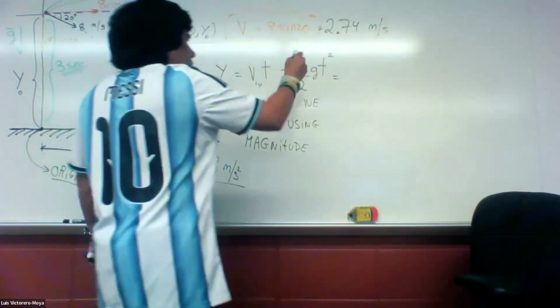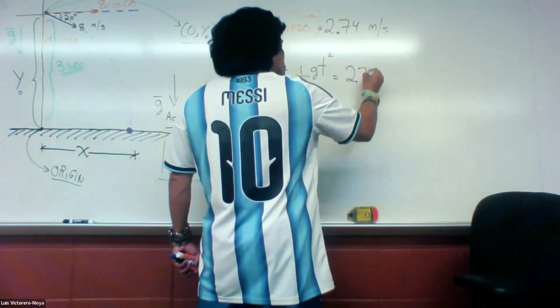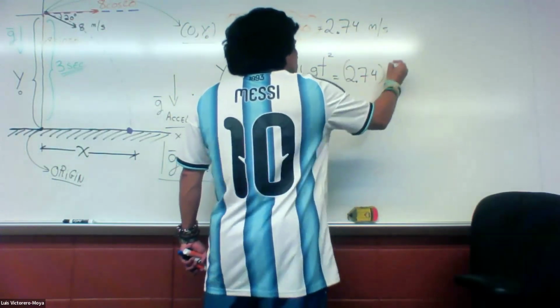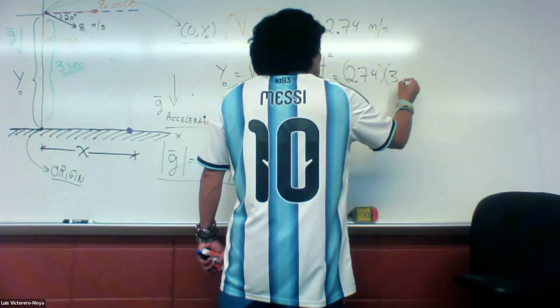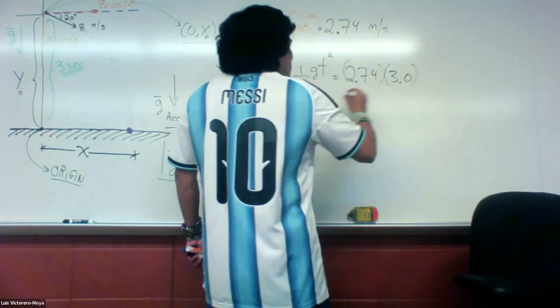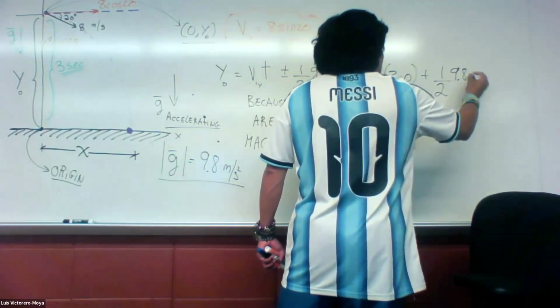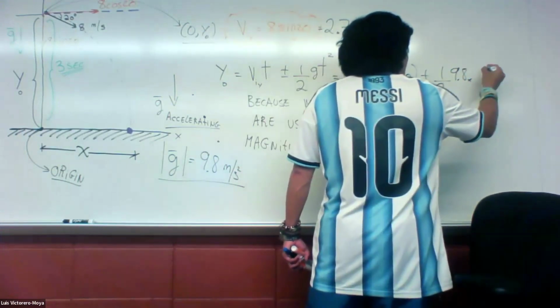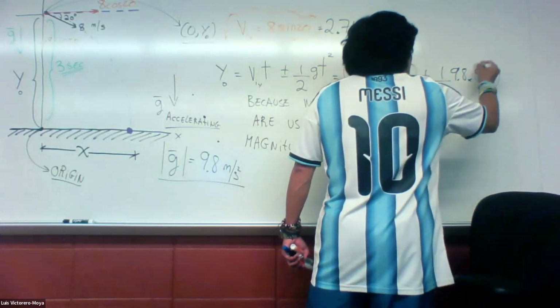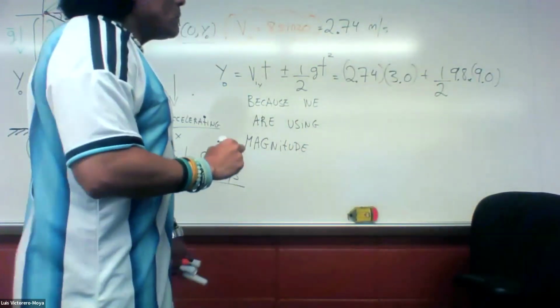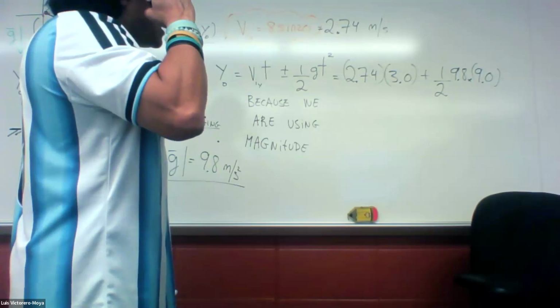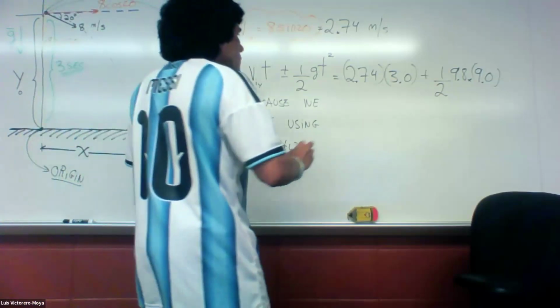All right, so 2.74 times 3.1, by the way, plus 1/2, 9.8 times 3 squared. All right, so that's how you find the height of the building.